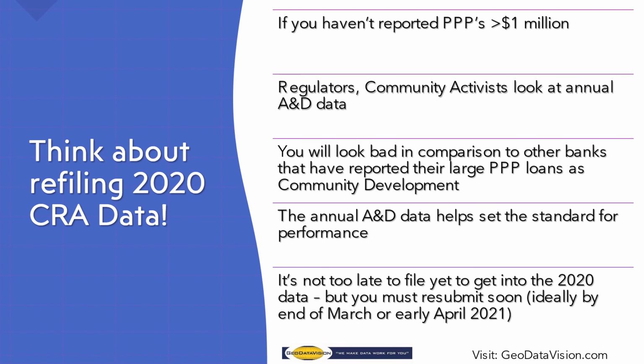So once again, I encourage all my clients, if you fail to report the large PPP loans as community development, think seriously about refiling your 2020 CRA data so that your true performance is reflected in the public data when it's released later this year. It will enhance your appearance in that data. It will make you look better relative to the competition, and it'll be a true reflection on what you really did for your community and its needs in 2020.